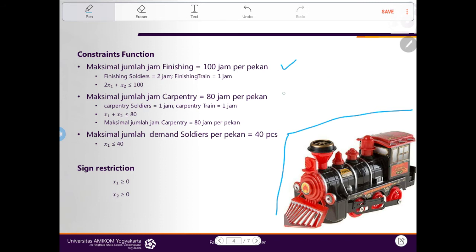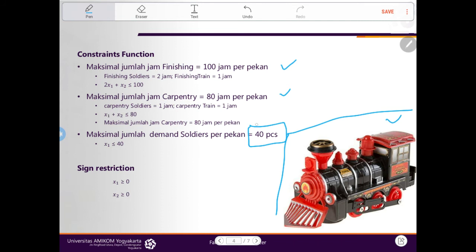Then you only have 80 hours of carpentry time, and you can only sell 40 pieces of soldiers, though you can sell any number of trains, but the train only makes a smaller profit.